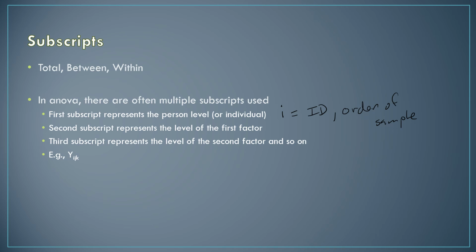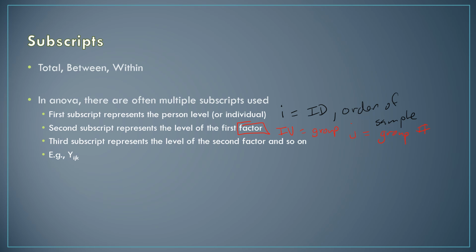And then when we're looking at the factors, anytime you see factor, this is your independent variable, which is the same as your group. We can have one independent variable, so we have one set of groups, and the next subscript would be for what number group they are in. This is designated by a j, and this is the group number.